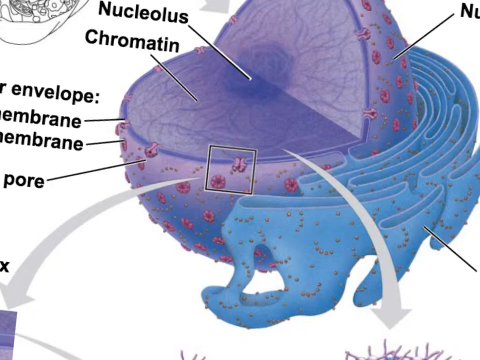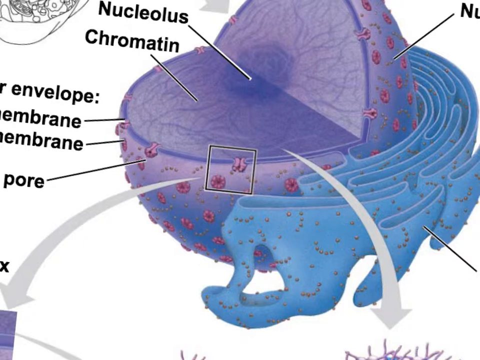All right, so we're gonna talk about the nuclear envelope. We're gonna talk about the ER. We're gonna talk about the smooth ER. We're gonna talk about the plasma membrane. The plasma membrane, the ER, and the nuclear envelope are all part of what we call the endomembrane system of the cell. All right? Really, the plasma membrane is an extension of all of these.